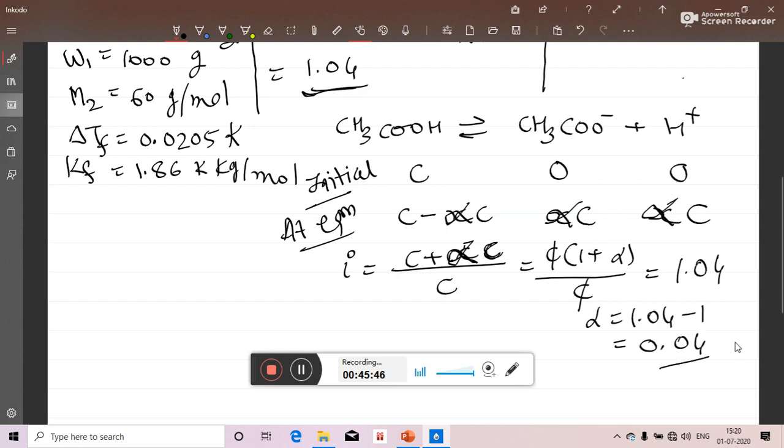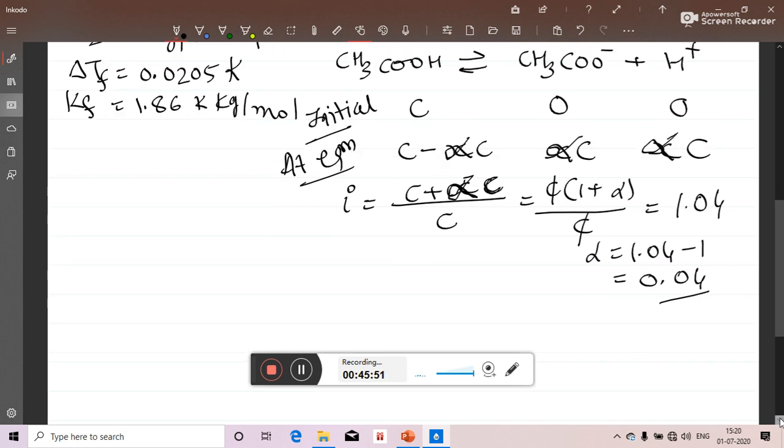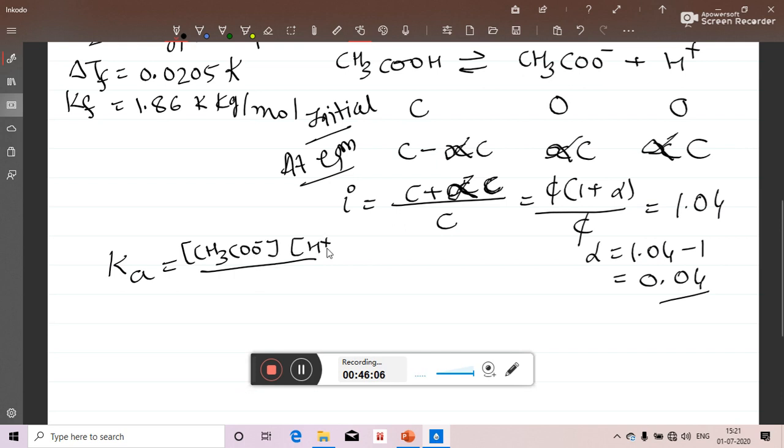Now we have to find out Ka. What is Ka? Ka is equal to the concentration of products, that is CH3COO minus into concentration of H plus, upon concentration of acetic acid. Now we have to take the values of all three at equilibrium.